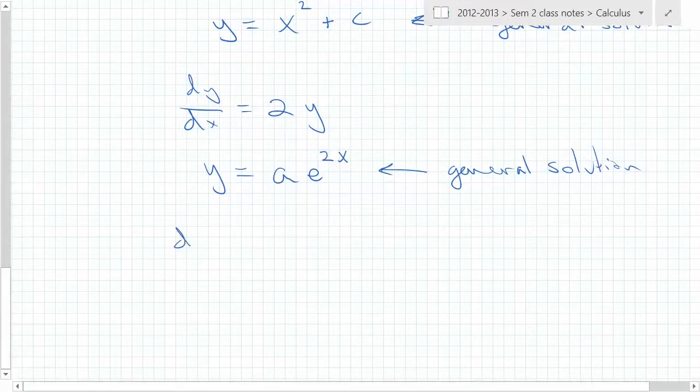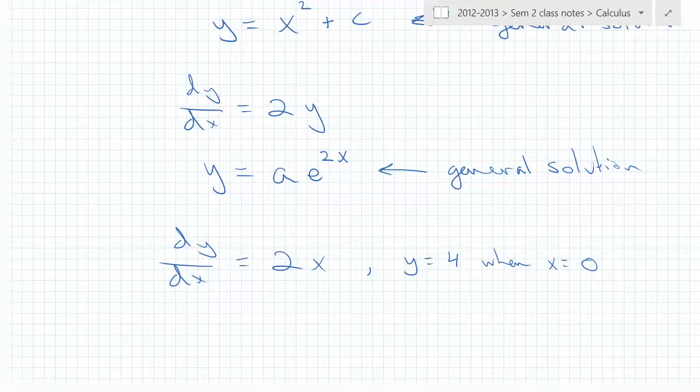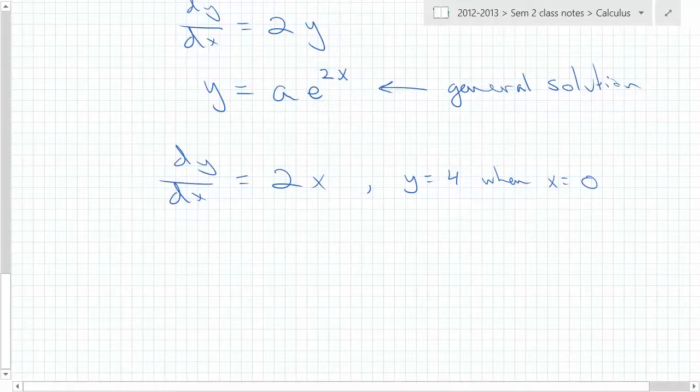If we start with dy/dx equals 2x, and we say that y equals 4 when x equals 0, if we're given that information to start with. We said the general solution to this is y equals x squared plus c.